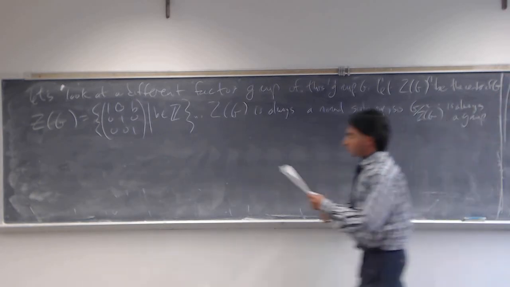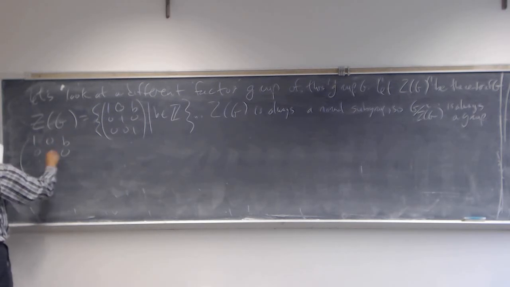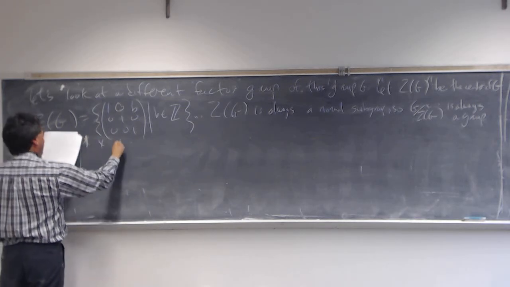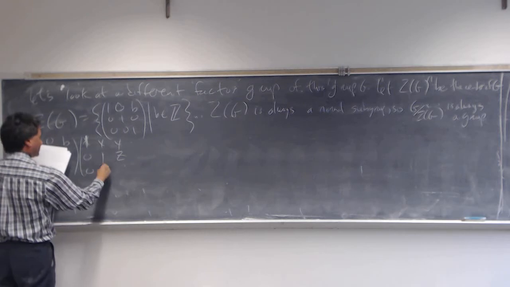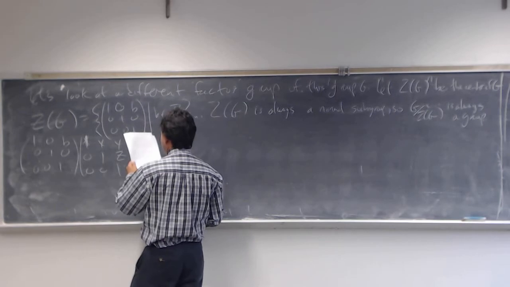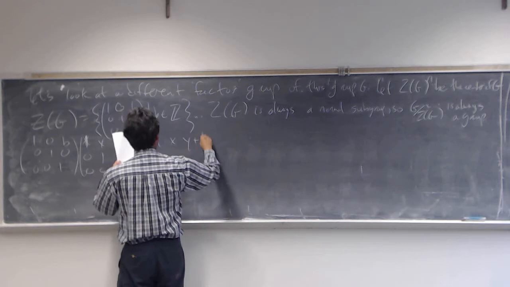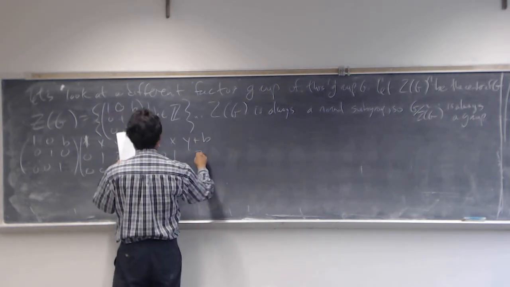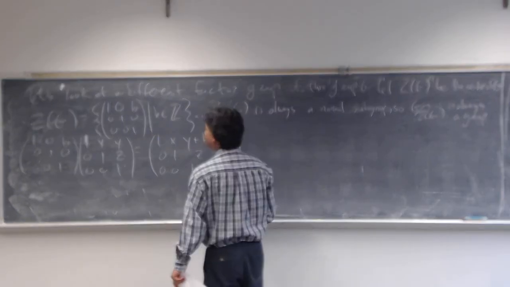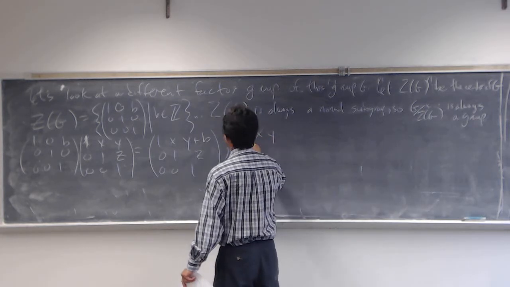So if I calculate this times a typical matrix 1, x, y, z, what I end up with is 1, x, y plus b, 0, 1, z, 0, 0, 1, and this is true for any b in B. And the same thing if I did the other calculation.